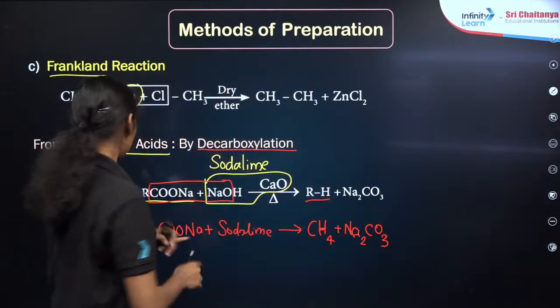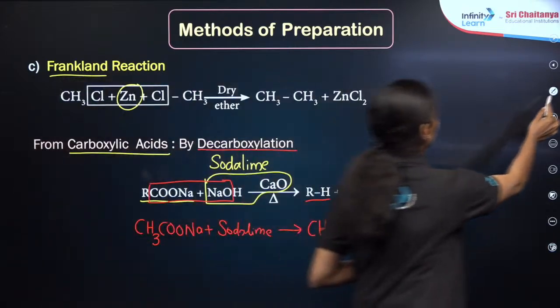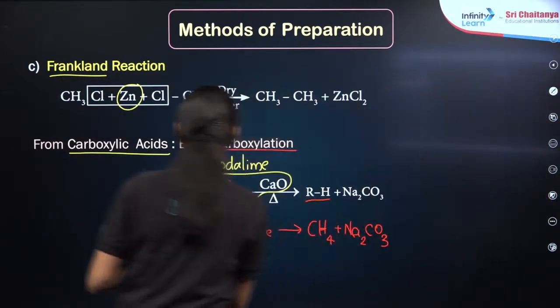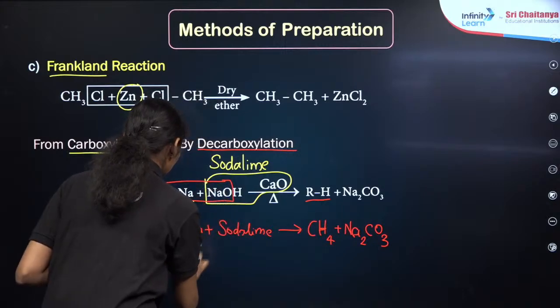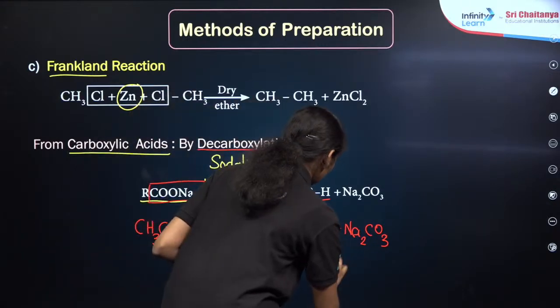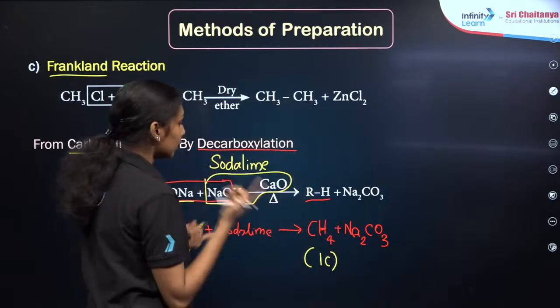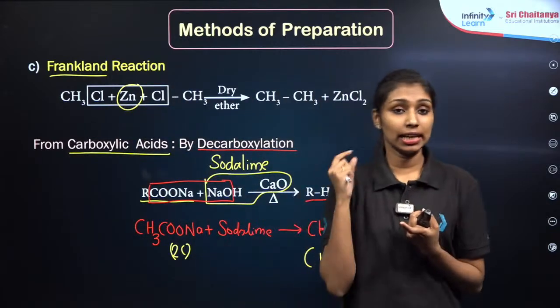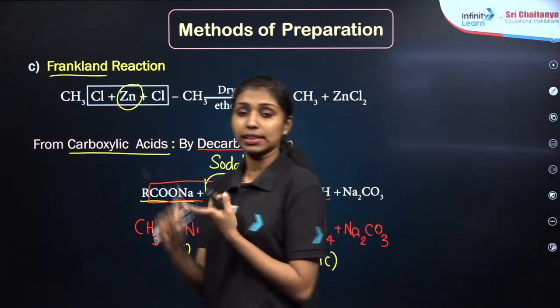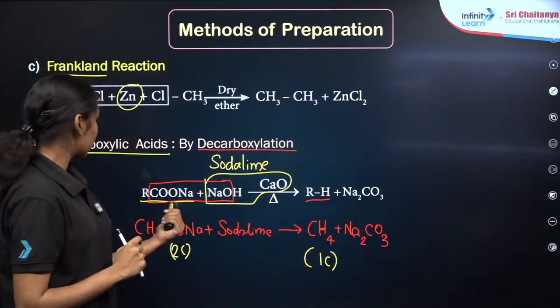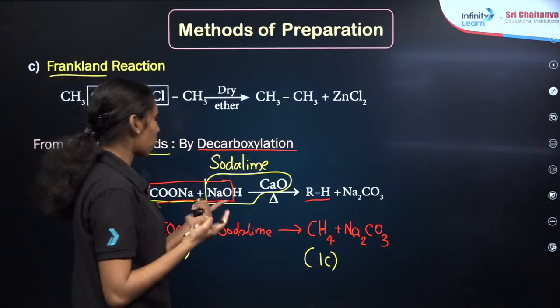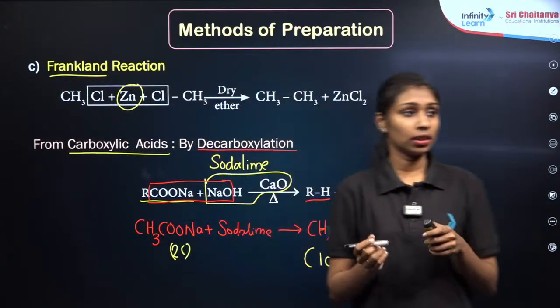Clear? If you want to prepare an alkane having one carbon atom less than that present in the reactant, we need to use the method of decarboxylation using soda lime.